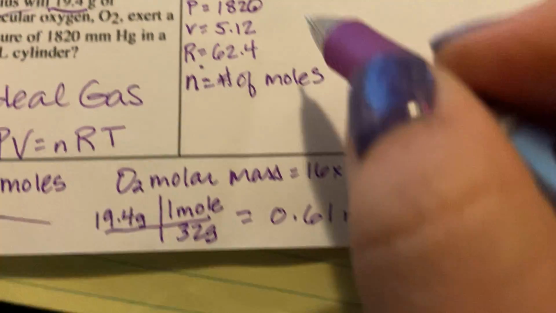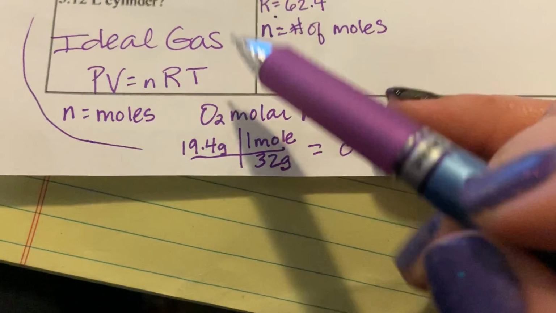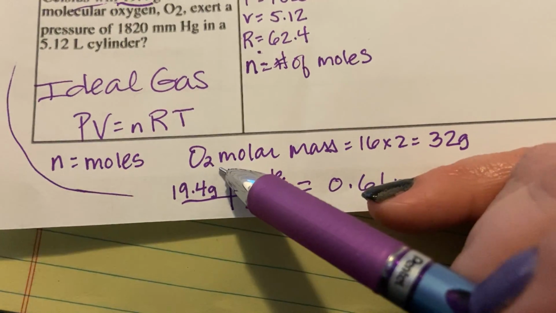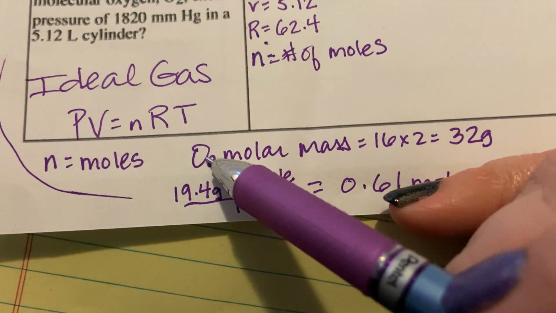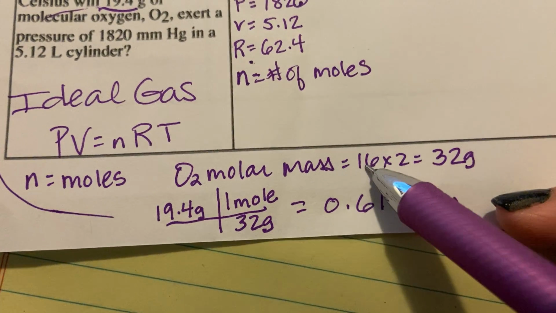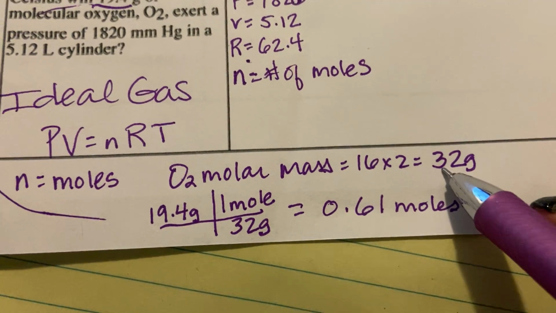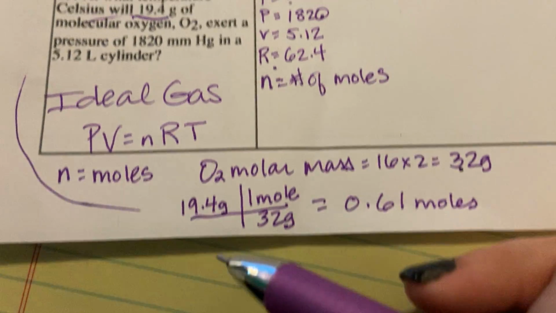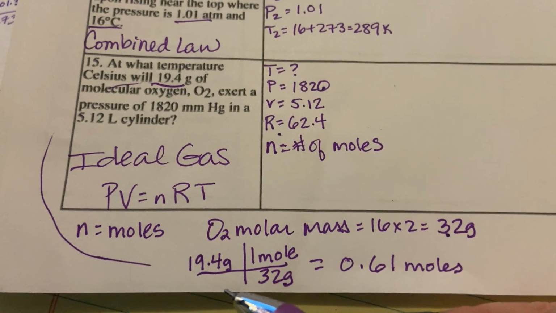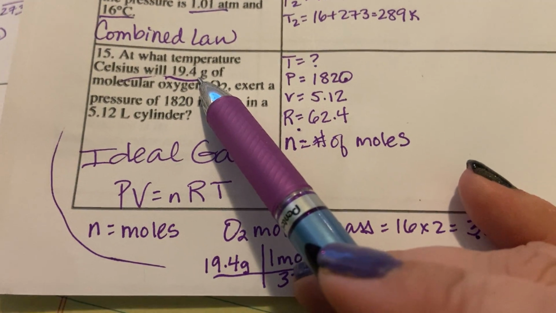I know, more stoichiometry. So this is how you figure out your moles. So you have to find out your atomic mass, rather. So your oxygen is 16 on the periodic table. There's 2 of them. Multiply it by 2, that's 32 grams. That's the atomic mass. But what you do is, just like you're setting up with stoichiometry, you start with what you know, with what's been given to you, 19.4 grams.